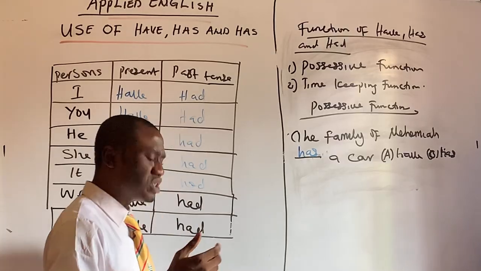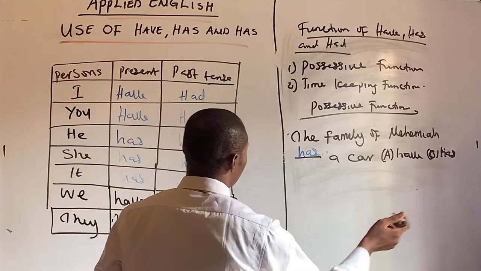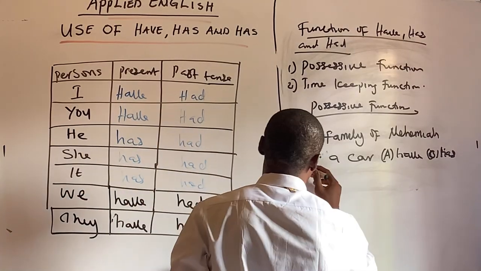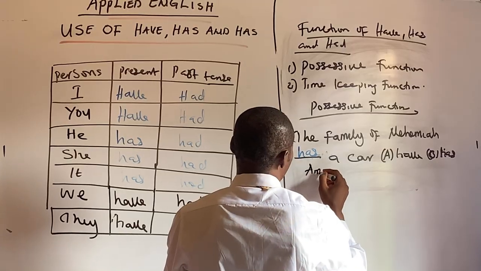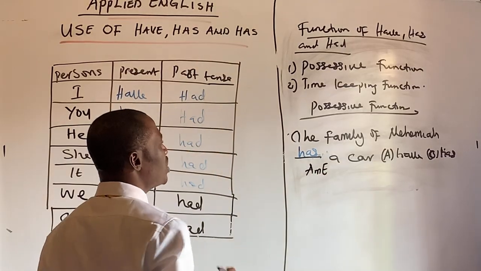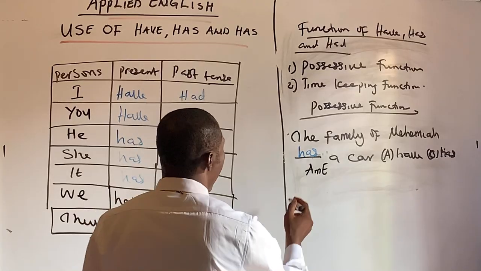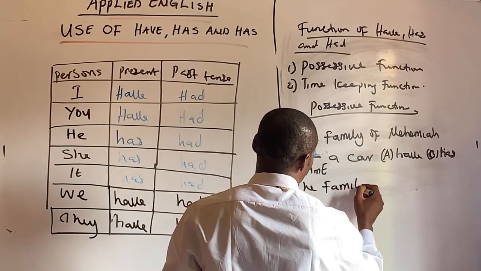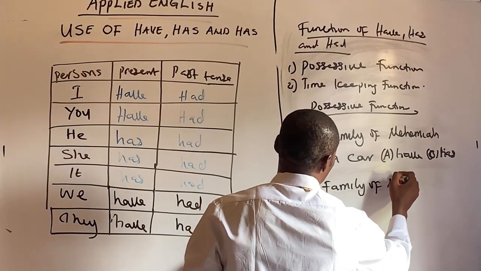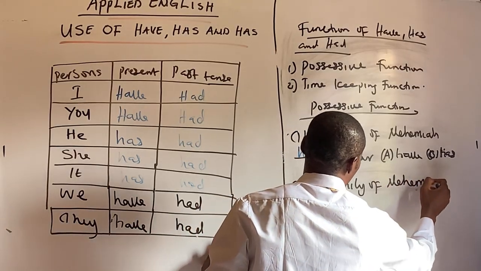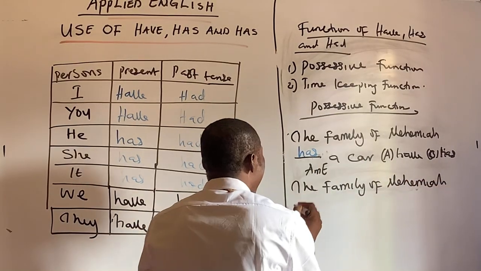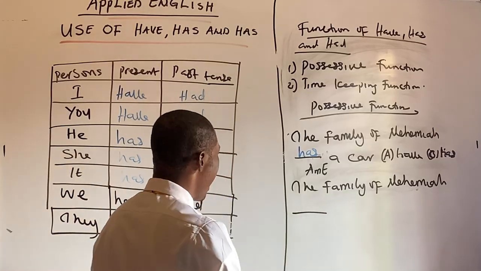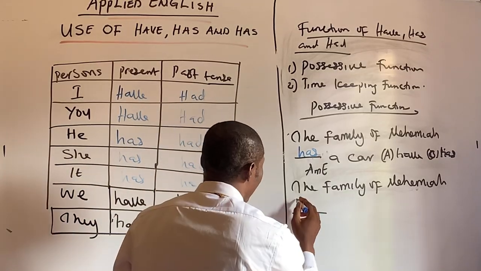But for the British style of writing, let's write it there, this is the American English. Now, for the British style of writing, we'll have the family of Nehemiah have a car. It will change to have, not has.